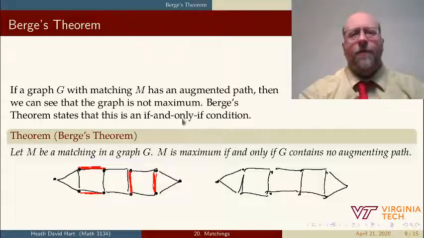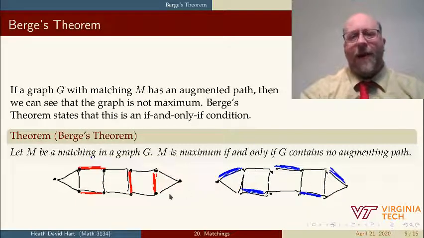So if we match these 2 vertices, these 2 vertices, these 2 vertices, these 2 vertices, and these 2 vertices, then all 10 vertices are matched. And so this matching is not maximum.